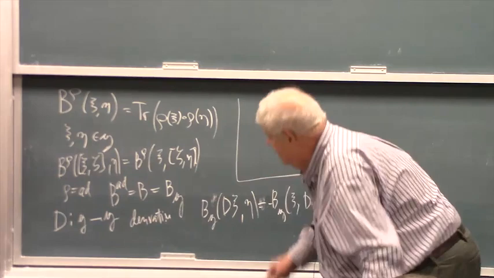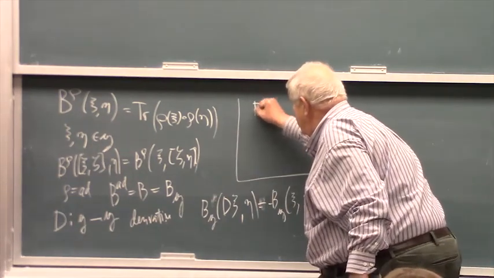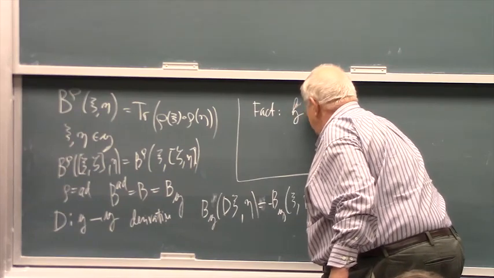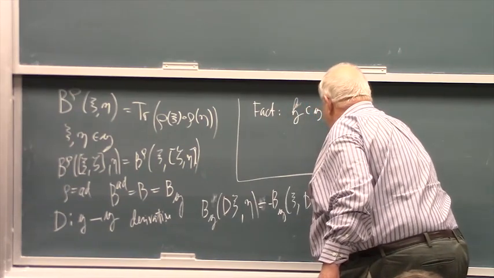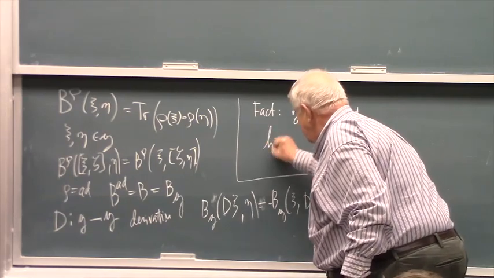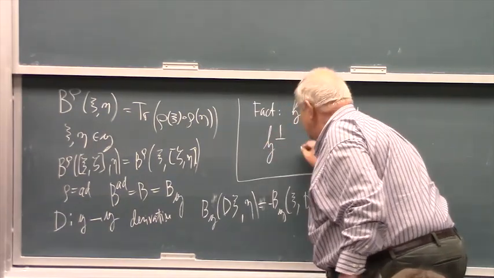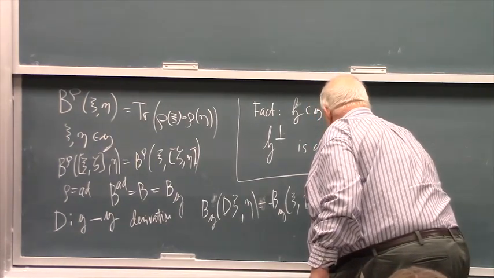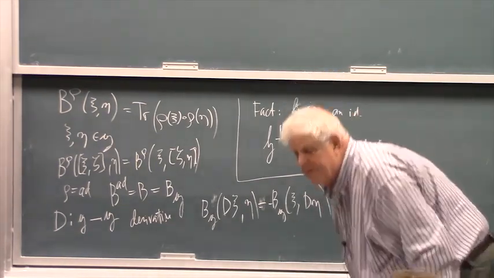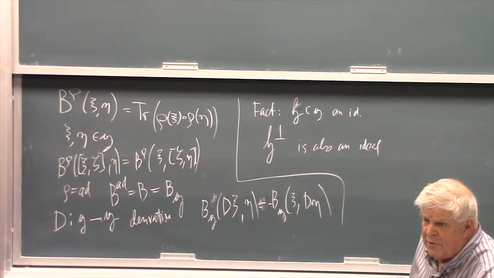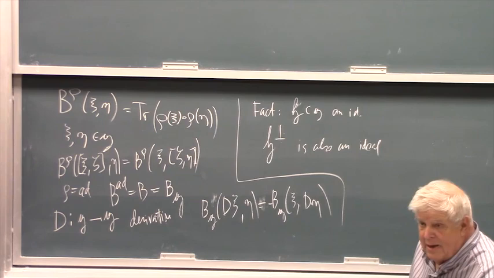And the fact is that if H is an ideal, then the orthogonal complement is also an ideal. This fact follows immediately from the invariance. If you really prefer, I can show this to you.